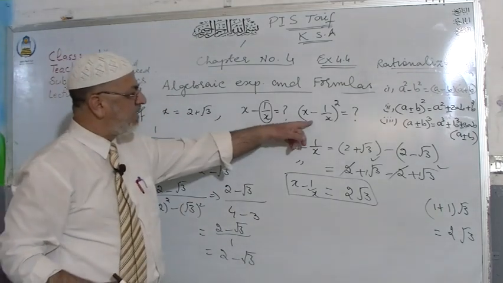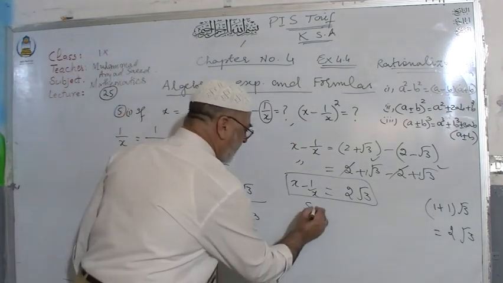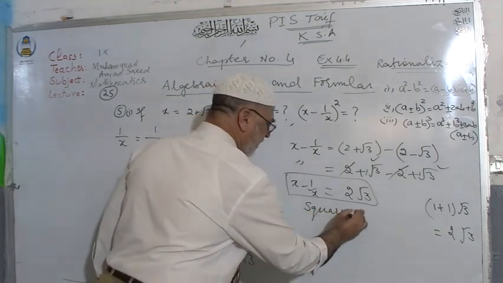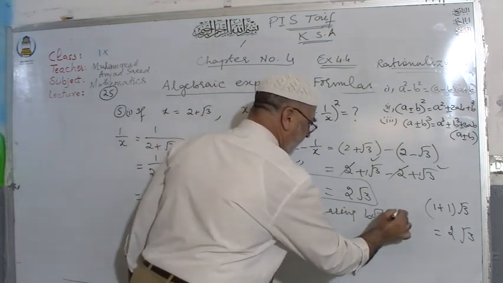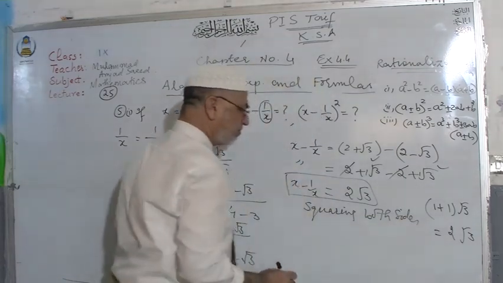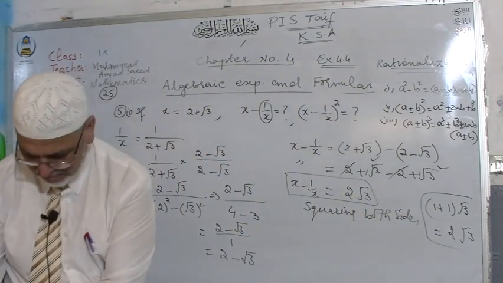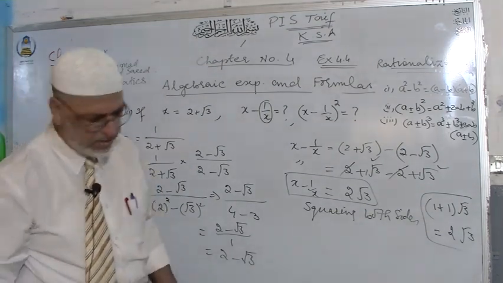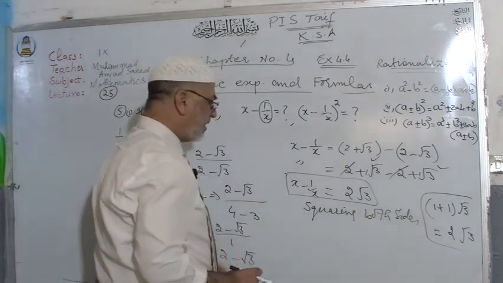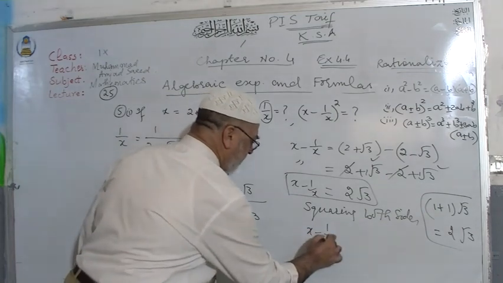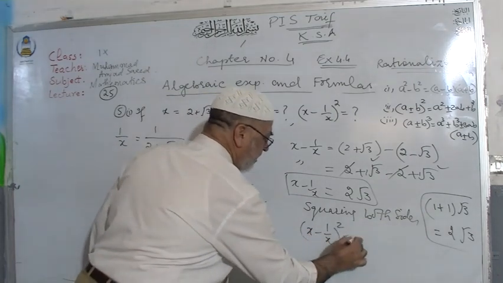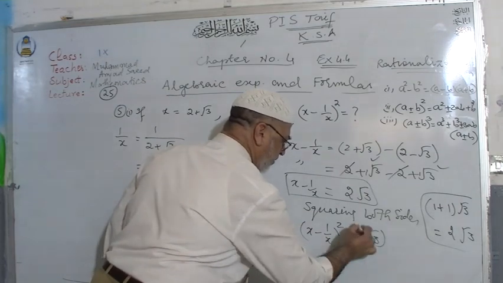Now for getting the second answer, squaring both sides. Squaring both sides, we have x minus 1 over x whole square is equal to 2 into root 3 whole square.